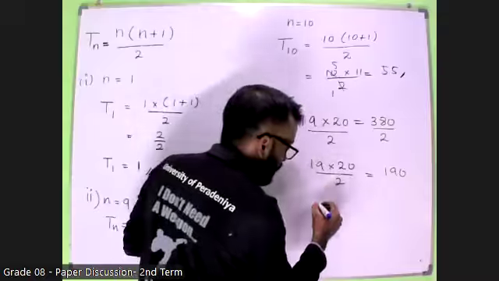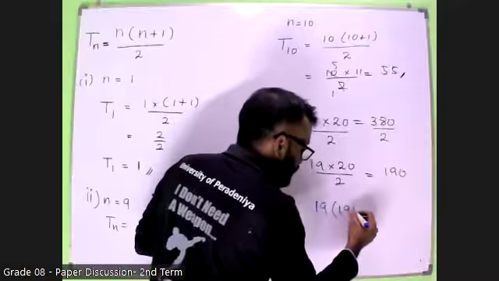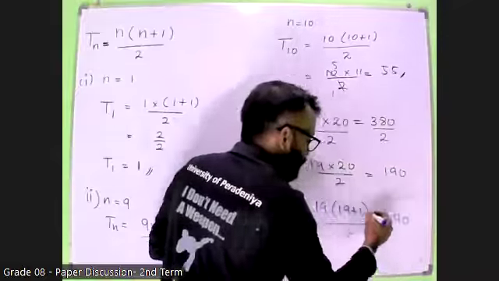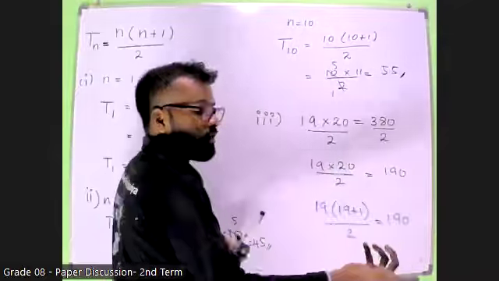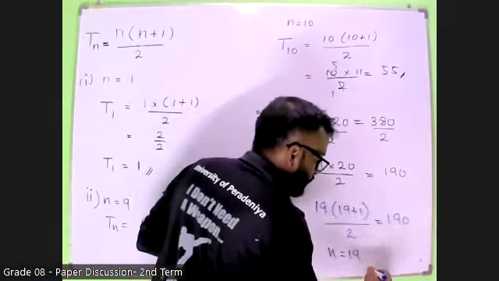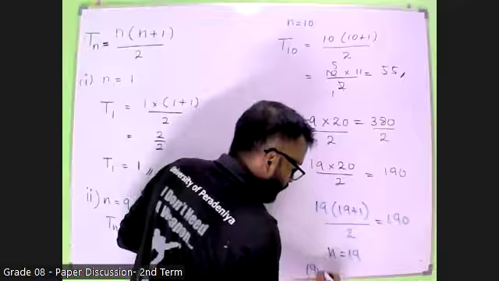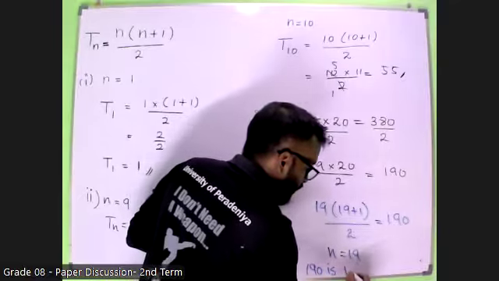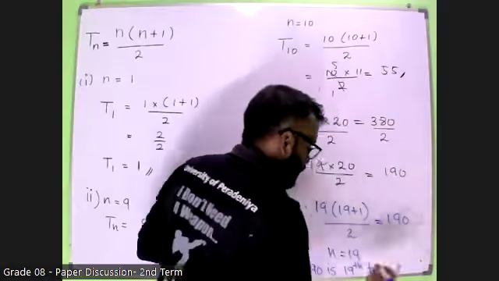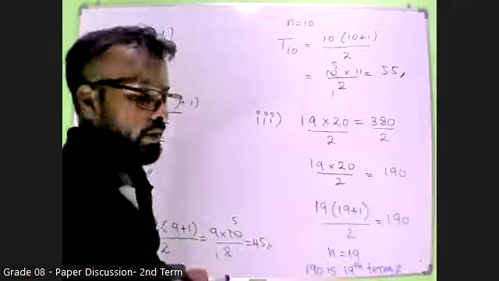So we can write 19 times 19 plus 1 divided by 2 equals 190. So n should be equal to 19. So this is the 19th term. So you can write that 190 is the 19th term of this number pattern.